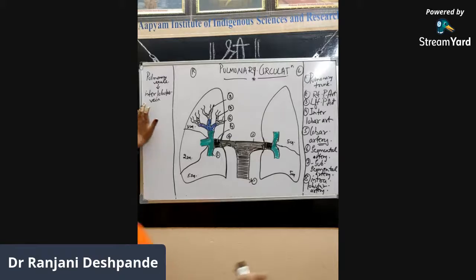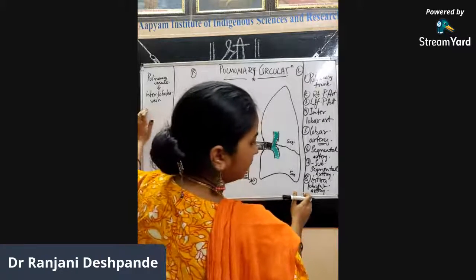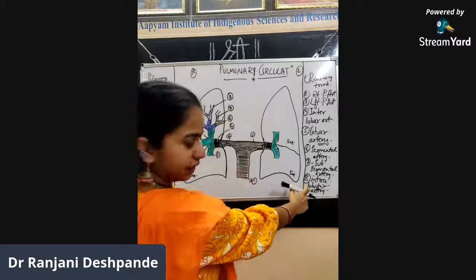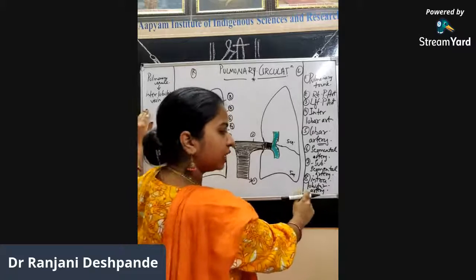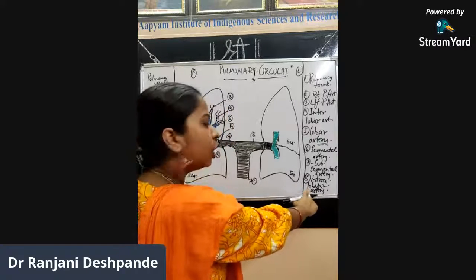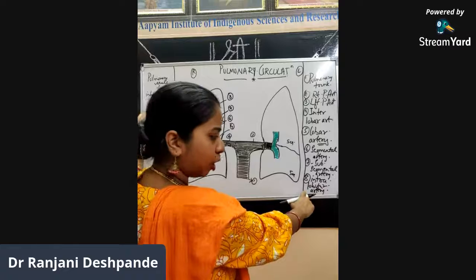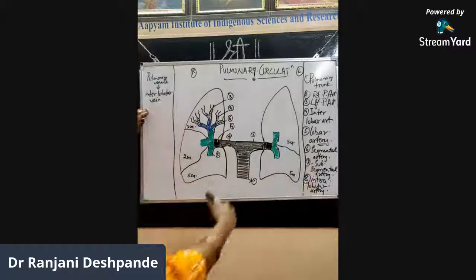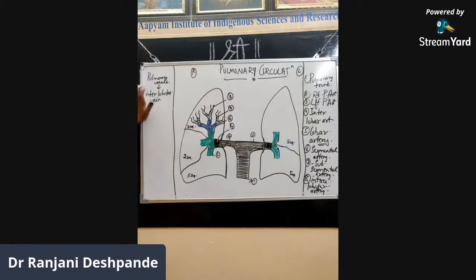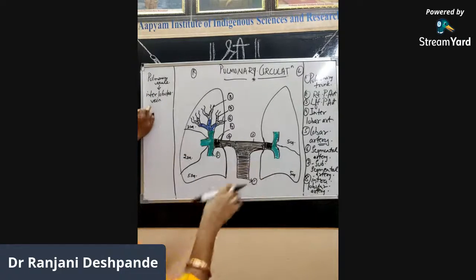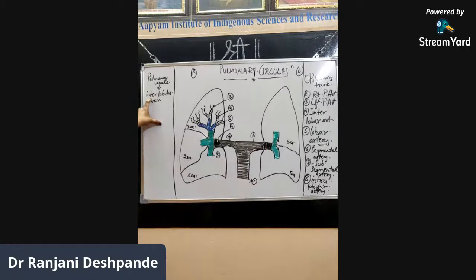So one difference we can see is that here it was the intralobular artery. That is because it is moving completely inside the lobe, that is the pulmonary lobule. But when the venous drainage happens, the further continuation of the pulmonary venule will happen between the lobes and not inside the lobe. That is why here the name becomes interlobular vein.